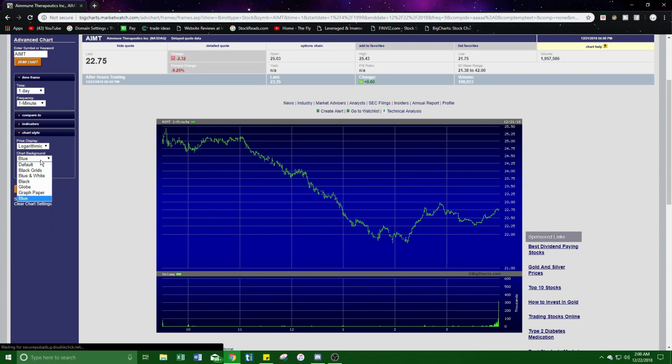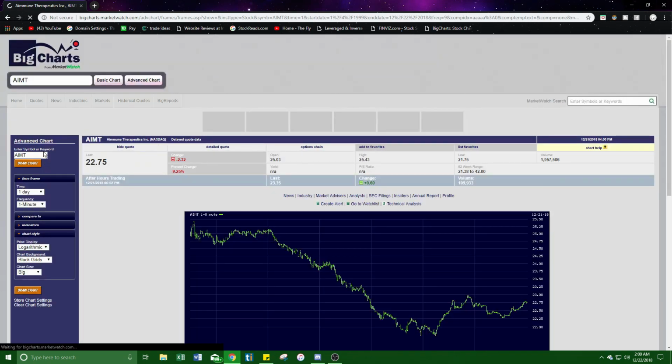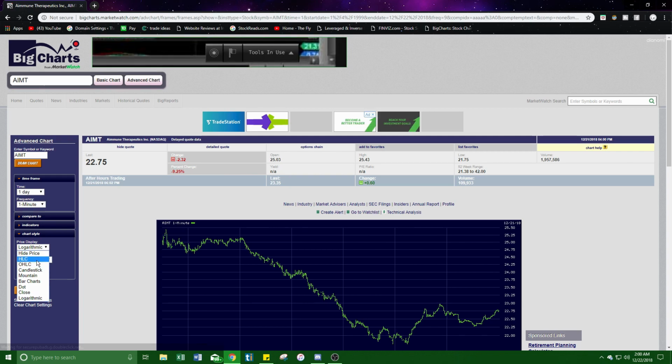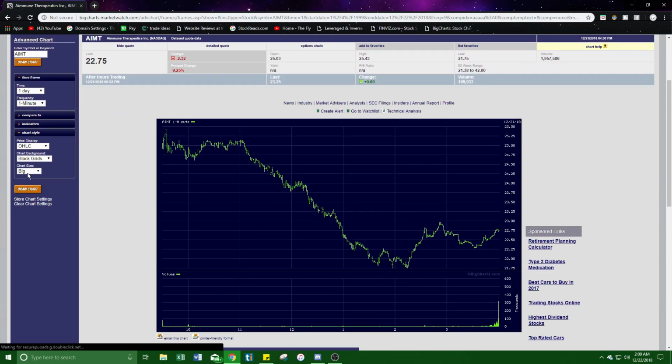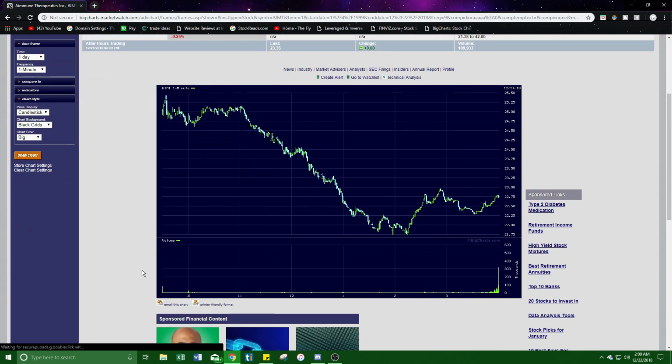I actually like the black grids, probably with this, that, or candlesticks the most. No, candlesticks, that's kind of nasty looking.